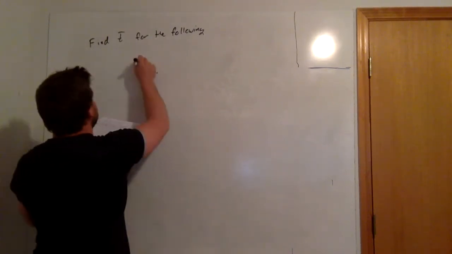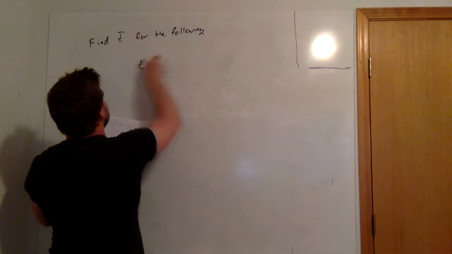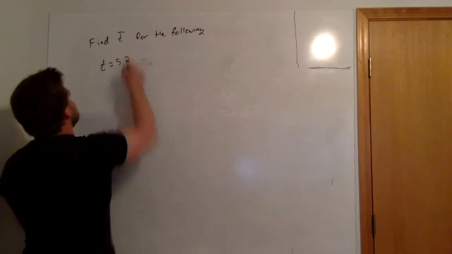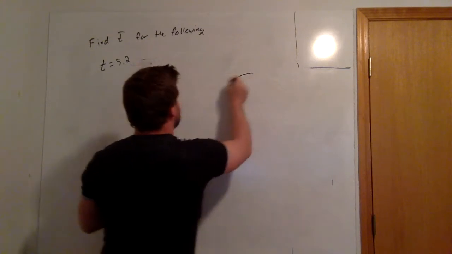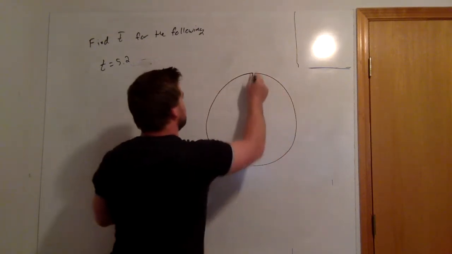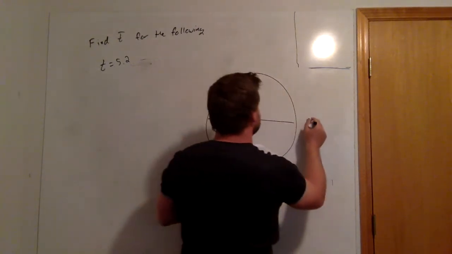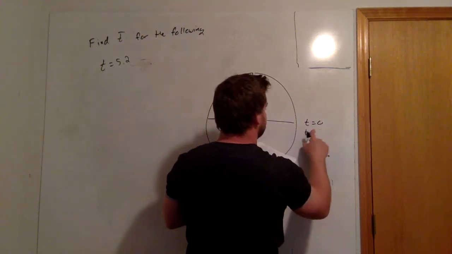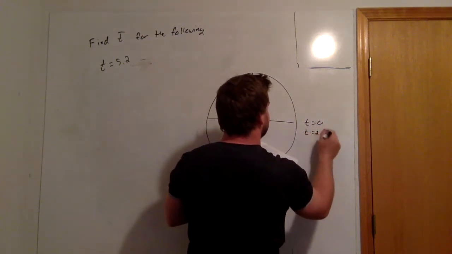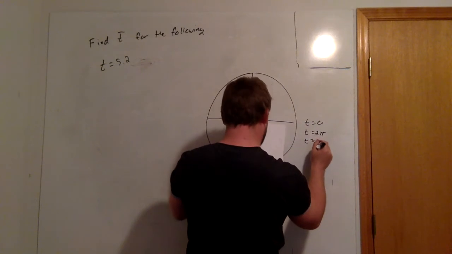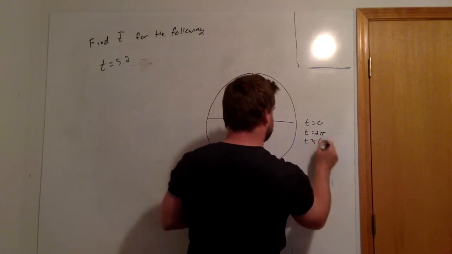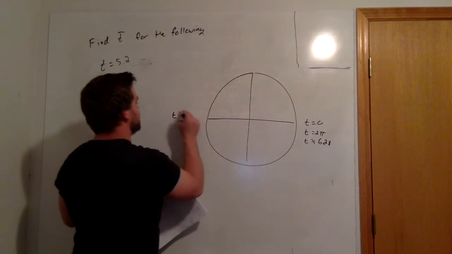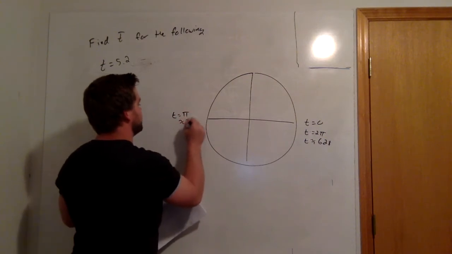Let's say that t is equal to 5.2. If we draw our circle here, this is when t was 0, or t is 2 pi, approximately 6.28. Here t was pi, which is approximately 3.14.